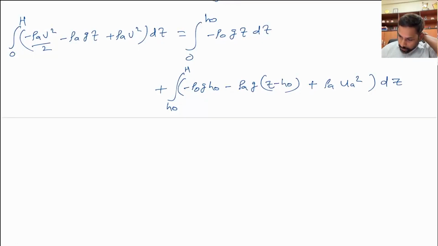All right, so here these two terms are similar, so we can reduce that to one single term and then we will integrate it further.